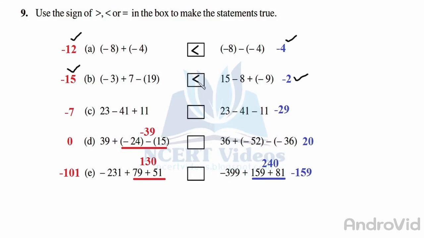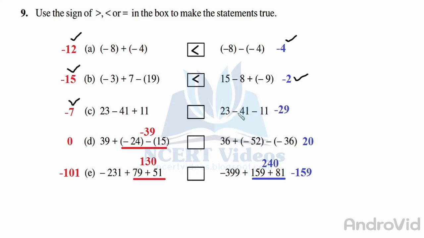Now C part, that is easy. First add plus plus. 23 plus 11 is how much? 34, and 34 minus 41. Here minus will come because the sign is greater for minus. Minus 7 is the answer. Now here add 41 plus 11, how much? 52, minus 52.